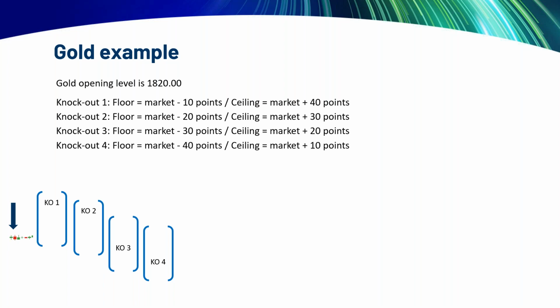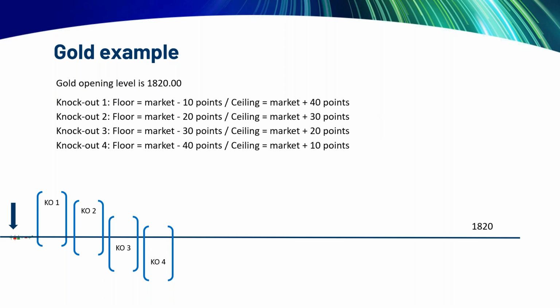But knockout number 1 has the highest ceiling, and knockout number 4 has the lowest floor. And so you've got a range to choose from. Now, let's just walk through what happens with these knockouts as gold moves. And here's the price of gold right now at $18.20.